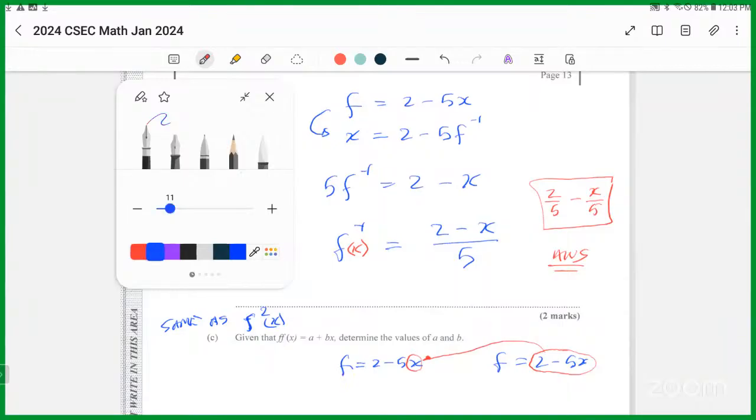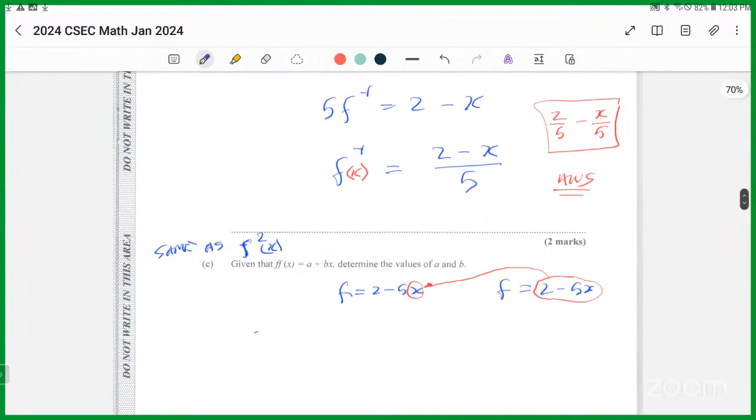So f of x becomes that construct, which is 2 minus 5, then where this x is, I'm putting back all of it, 2 minus 5x. That's what we have so far.